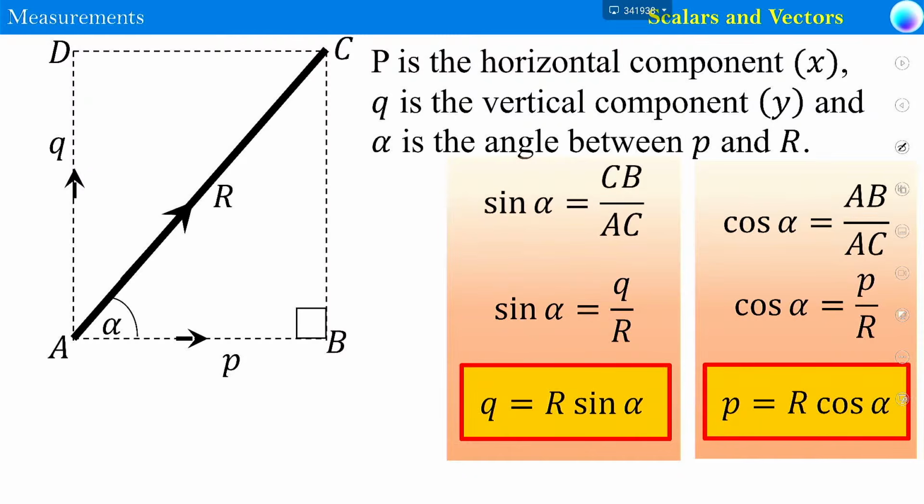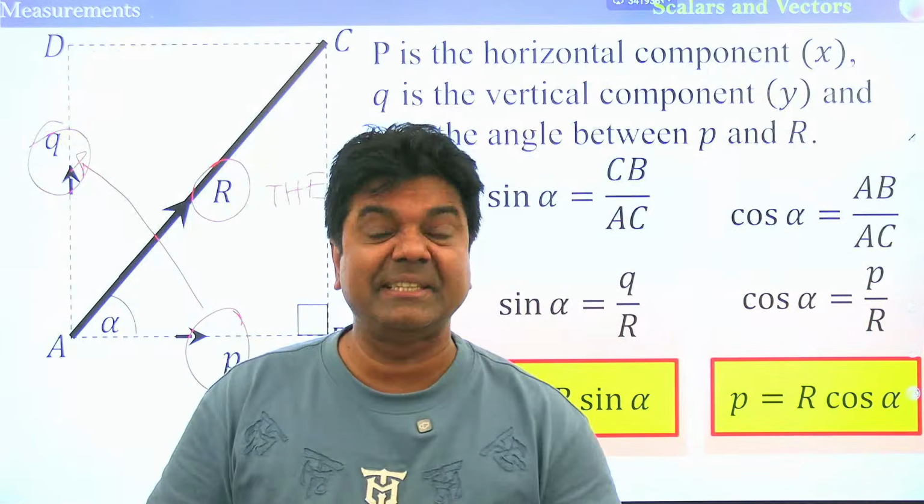Yes, very good. It's only one vector. This is the vector, as I said, and there are components, and they are not another two set of vectors in simple terms.